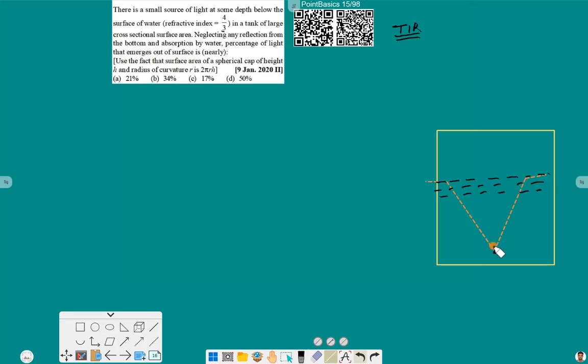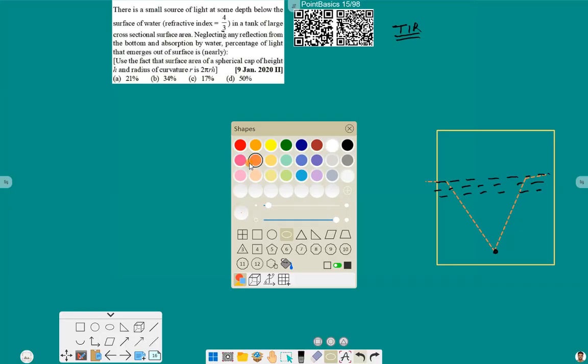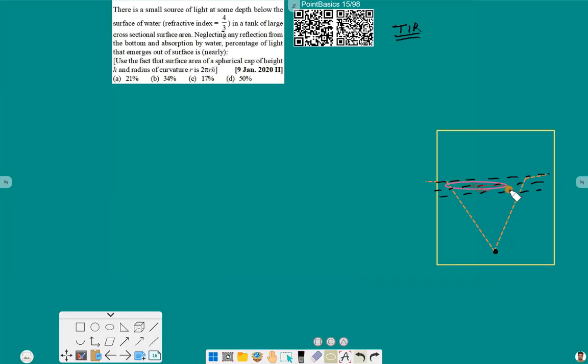So if we want to calculate the area out of which light is coming out, then this will be the area in this conical shape. This will be the spherical area out of which light will be coming out, and this is in 3D.